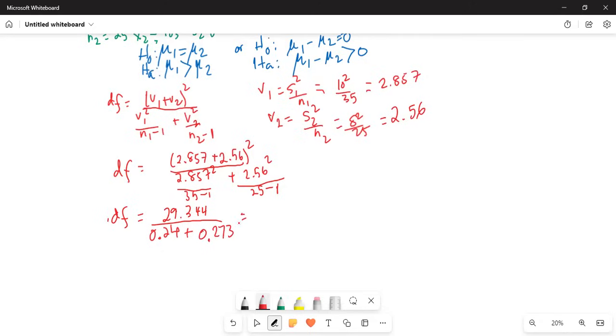So we can do 29.344 divided by 0.24 plus 0.273, which is equal to 0.513.